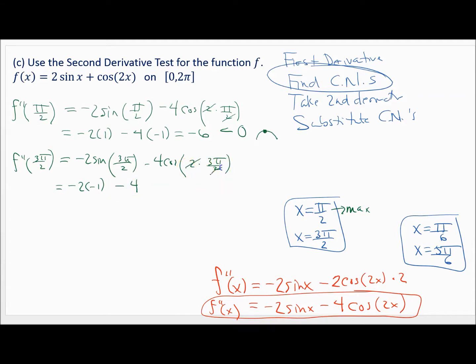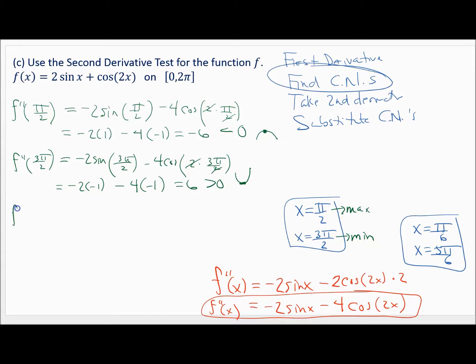Now, these twos cancel. The cosine of 3 pi is the same as the cosine of pi. That's negative 1. So I've got negative 2 times negative 1, which is 2 plus 4 gives me 6. 6 is greater than 0, which means we were dealing with a concave upward situation. So that's going to give us a min value. So we have a relative minimum right there.